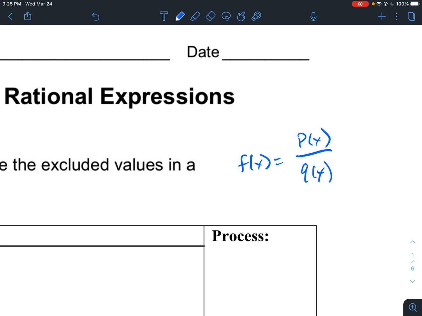So a rational expression is basically, if we're talking about the difference between expression and functions, this right here is an expression, and then this right here is just the rational expression, but in function form.